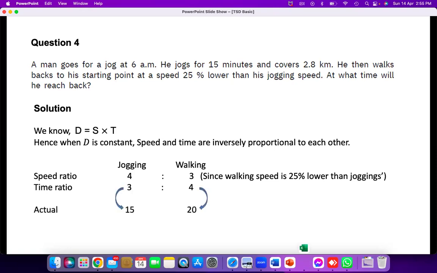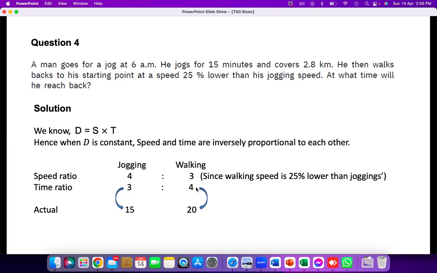Now, this 3 corresponds to 15. How come? It is given in the question. He jogs for 15 minutes. So in this 3-minute time, he jogs for 15 minutes. This is actual value. What is the factor of multiplication? 5.